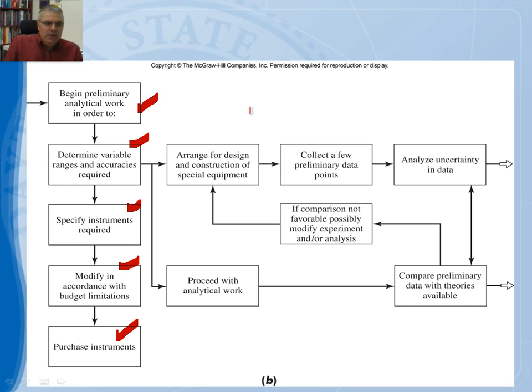If there are needs for construction of special equipment, we need to do those at this stage. We arrange for design and construction of special equipment. Not every piece of equipment could be used in a different experiment. If you're dealing with huge structural pieces, for example a 30 feet beam, obviously we need to go back and construct special equipment.